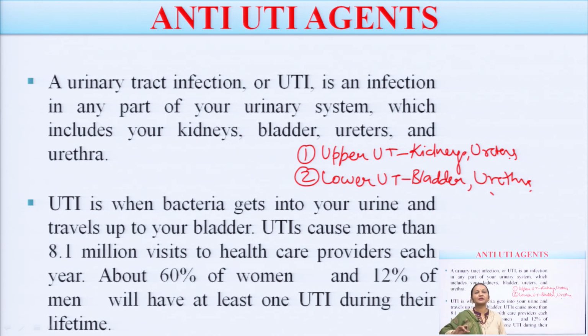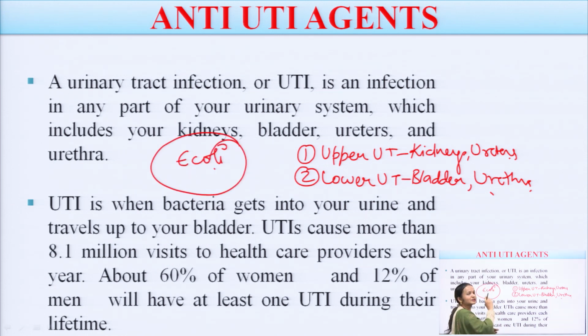Okay. Now, if any type of infection occurs while passing that urine, it may lead to urinary tract infection, because unhygienic or insanitary conditions can cause urinary tract infection, right. And because of this, different types of bacteria, for example E. coli, are responsible. E. coli is the main responsible factor for urinary tract infection.